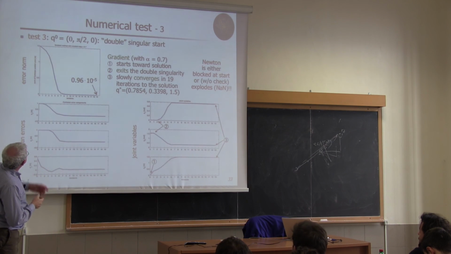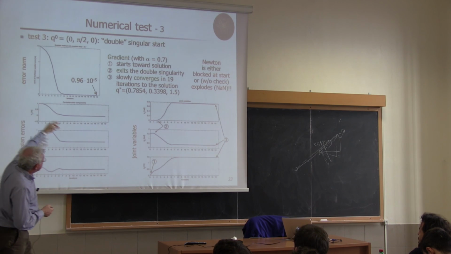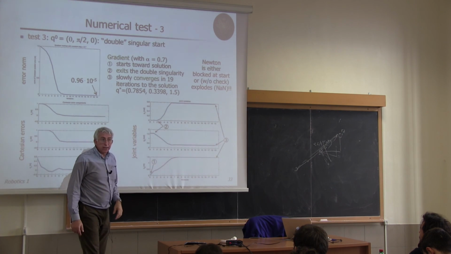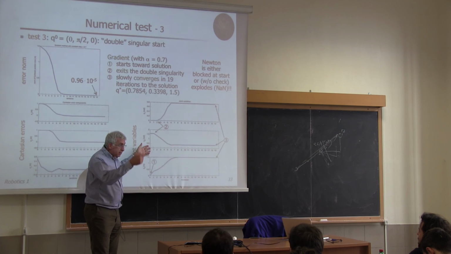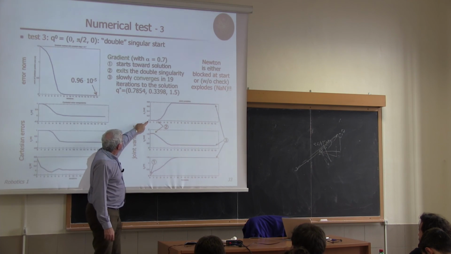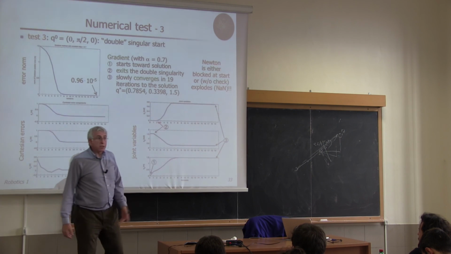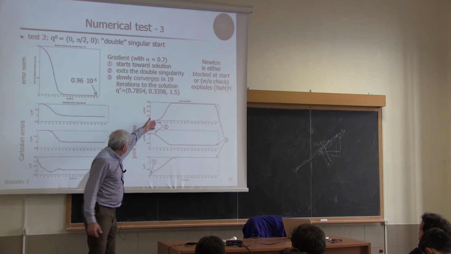You see that at the beginning it starts toward the solution. Then at this point, it goes out of the singularity. I can read it in the joint space because I know that the singularity is characterized by some particular values of Q2 and Q3. So when Q2 goes out of pi over 2, then I'm going out of the singularity.